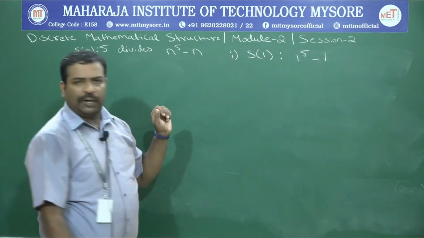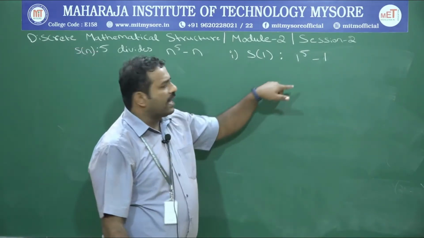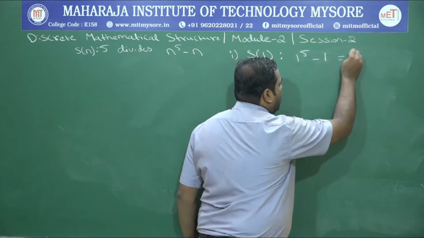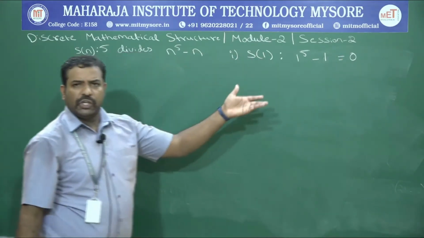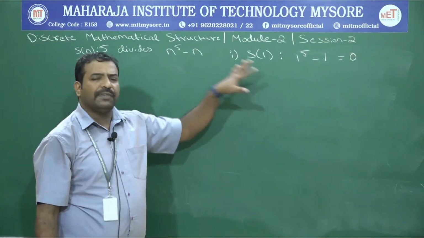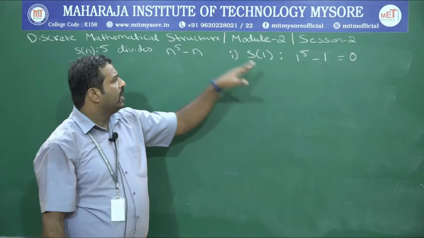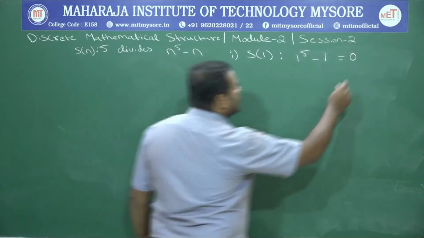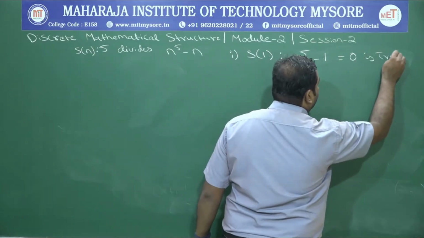Now what does this stand for? 1 to the power of phi is 1, so minus 1 gives me 0, and 0 divided by phi is 0. Hence it is completely divisible. Since phi divides S of 1, it is going to be true.